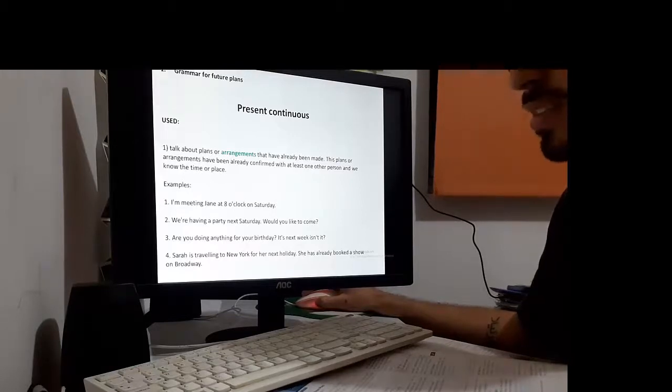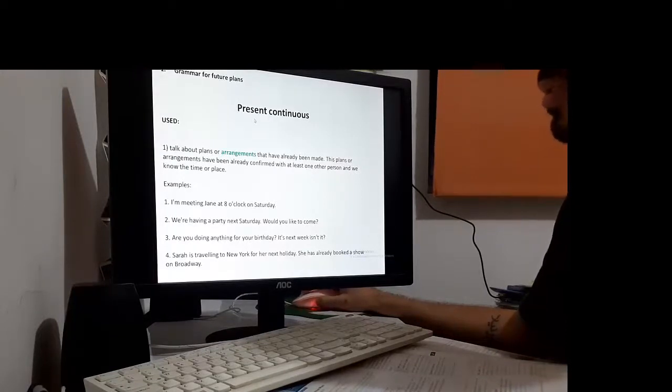This day is something that is fixed. It's not something that is going to change. It's something that you cannot change. So you are making plans for something that is going to happen. For that, we use present continuous. The thing is, they are trying to confirm if you are doing something or not.